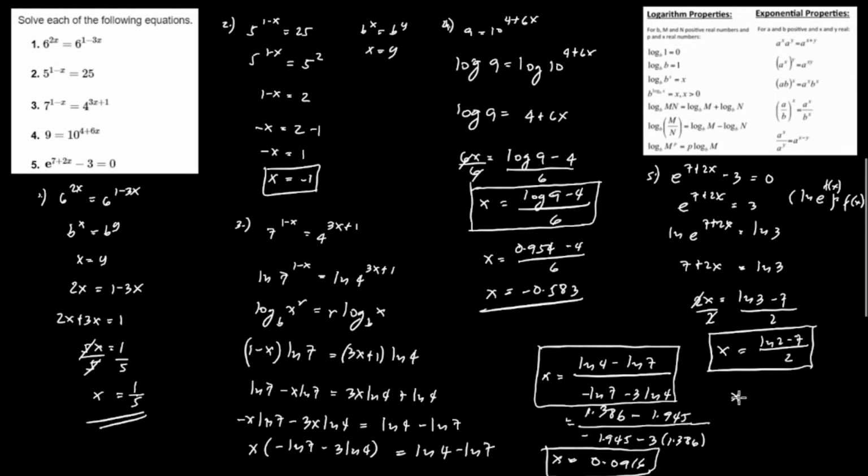Or x is equal to ln of 3, which is 1.098, minus 7 and divide by 2, or x is equal to negative 2.95.